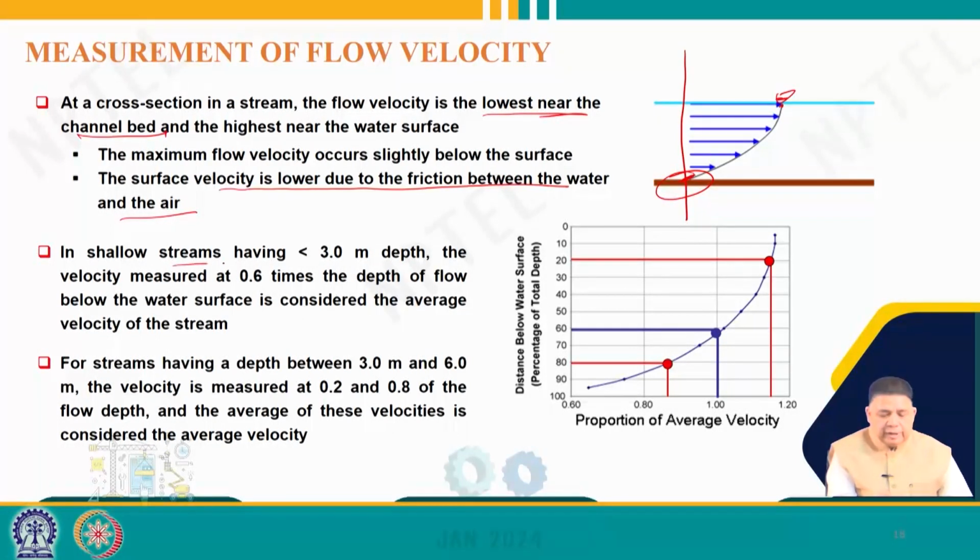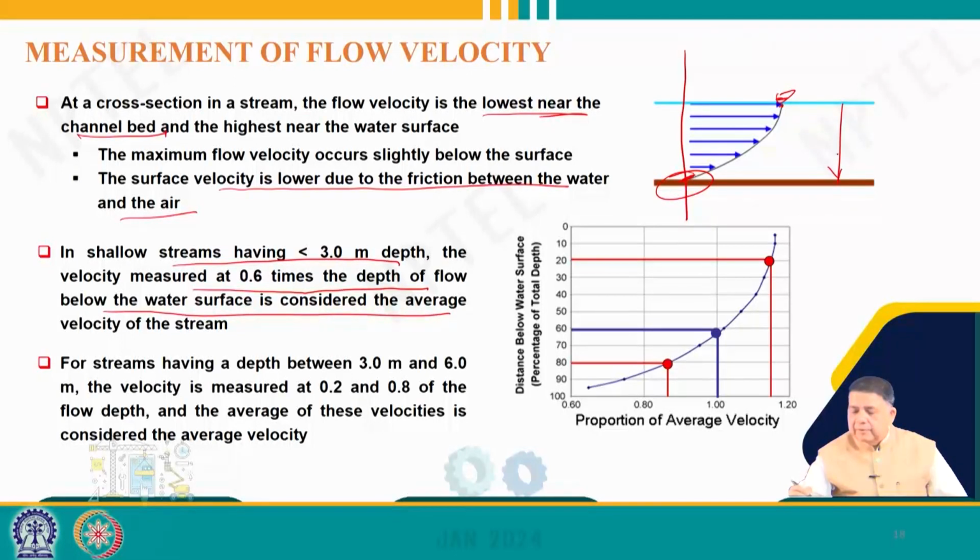In shallow streams having less than 3 meters depth, the velocity is measured at 0.6 d, that is 0.6 times the depth of flow below the water surface. For example, if this is the total depth d, then from the top we measure at 0.6 d, that is this point here, where we measure the velocity.